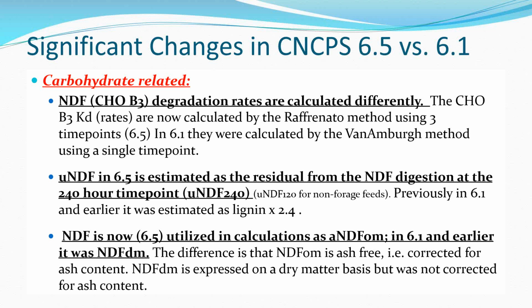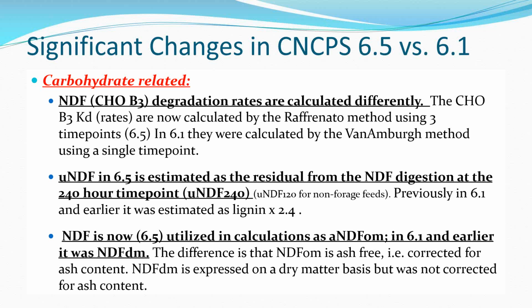And the lag was specific to each laboratory. Now, the labs are reporting 3 time points, and the time points for forages are 30 hours, 120 hours, and 240 hours.